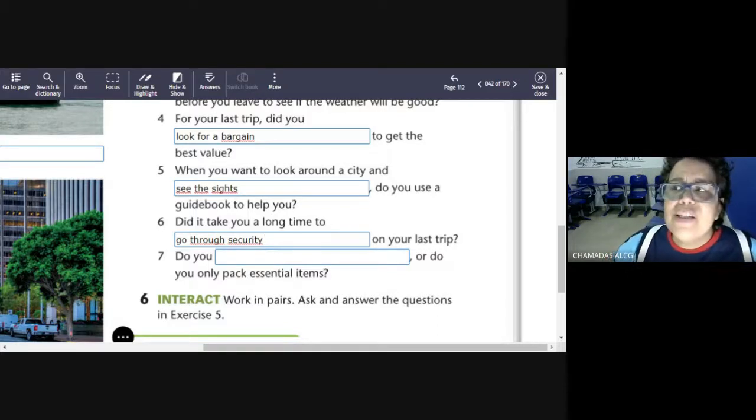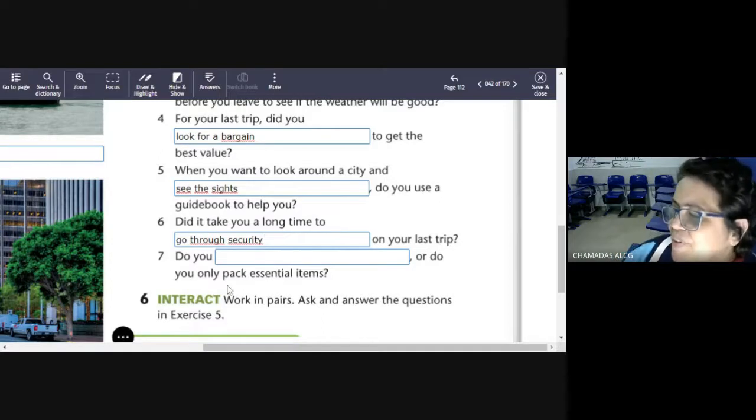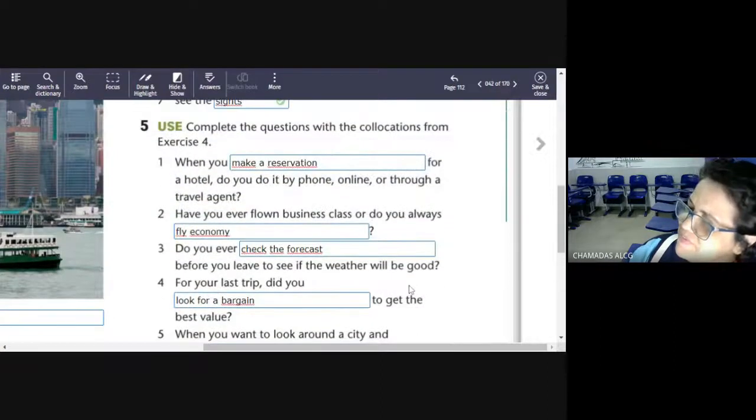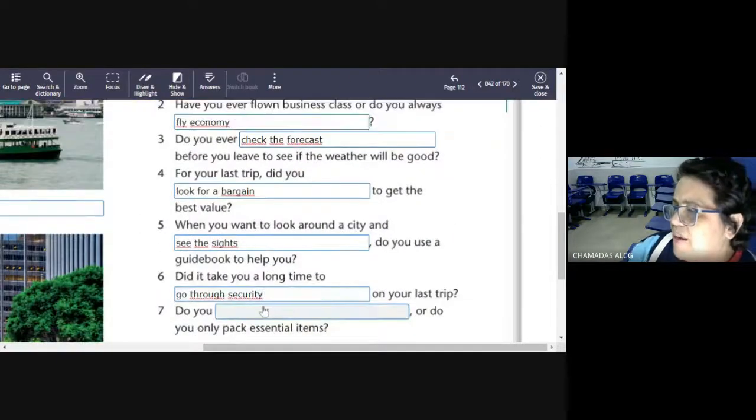Like, you went shopping, you bought everything you want, and you need to declare. That's boring. Number 7, do you pack lots of things or do you only pack essential items? Yeah. Do you carry lots of baggage? Okay.